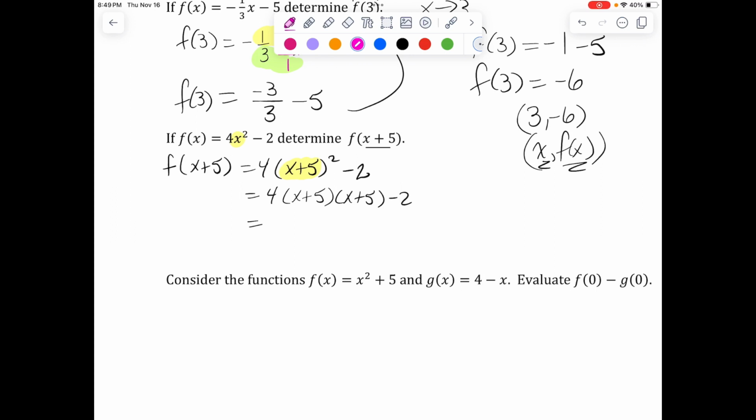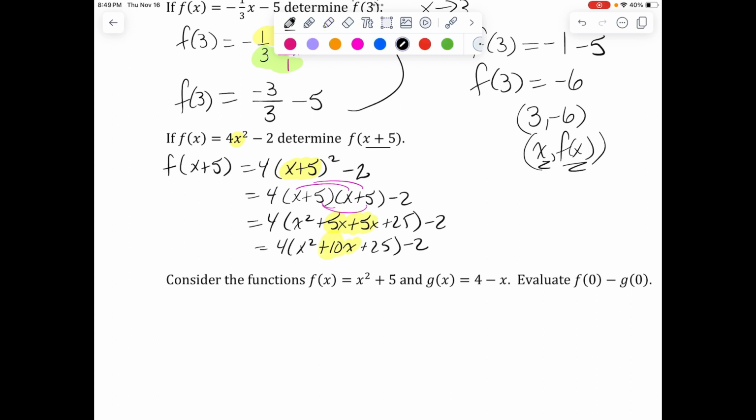More than one way to do this. I like to FOIL first, then multiply in the 4. Some of you may know that we don't have to do that. We can do this: x squared plus 5x plus 5x plus 25 minus 2. I just FOILed out the x plus 5s. And now this is 4 times (x squared plus 10x plus 25) minus 2. Combined my like terms. We get our 10x.